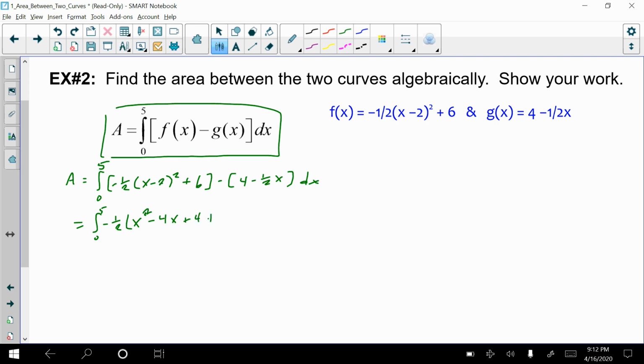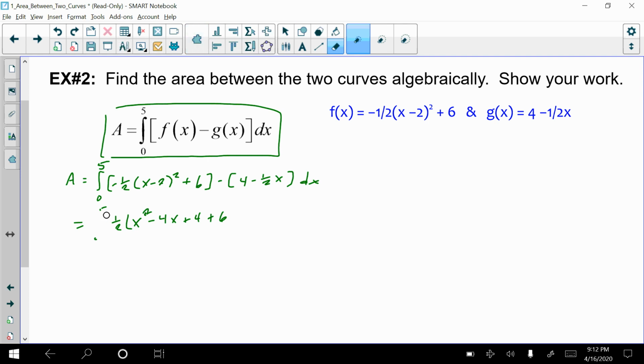And of course, we still have the plus 6. Then for the second part, the linear piece, essentially what we're going to do is distribute the negative sign. So let me take off those brackets, because we don't really need them anymore.